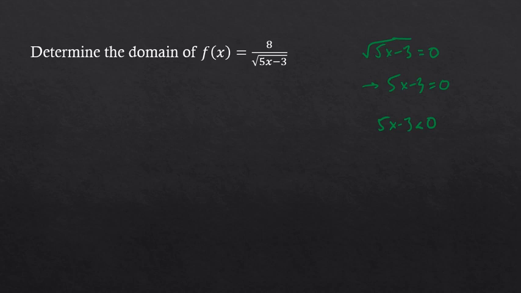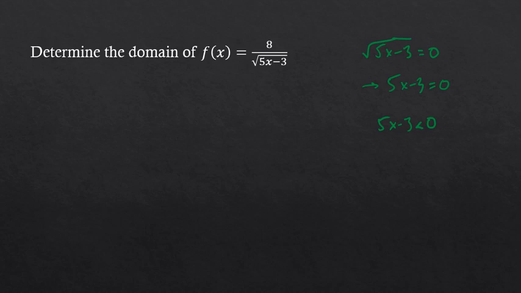And whatever x values make 5x minus 3 negative, we're going to omit those guys as well. So instead of doing this in 2 separate steps, we're going to take care of both steps 2 and 3 all in one fell swoop.